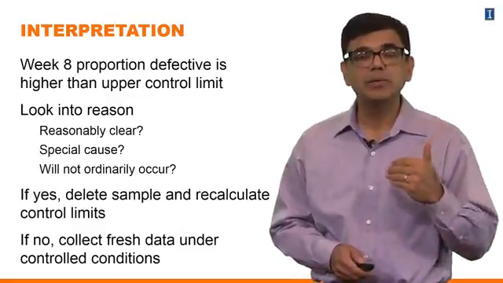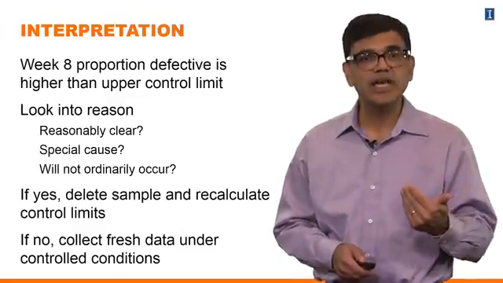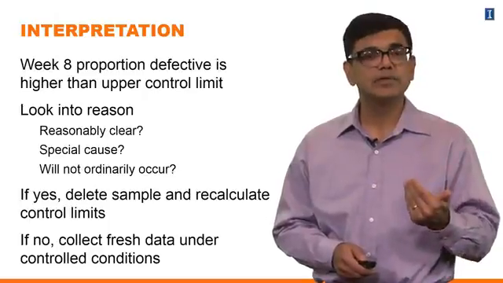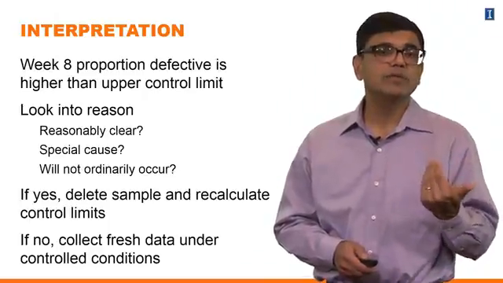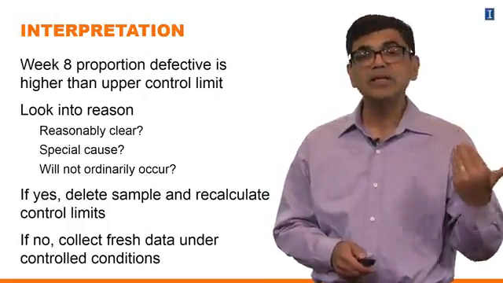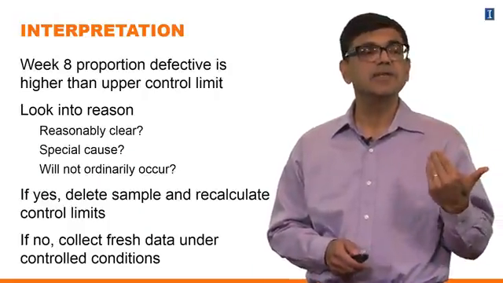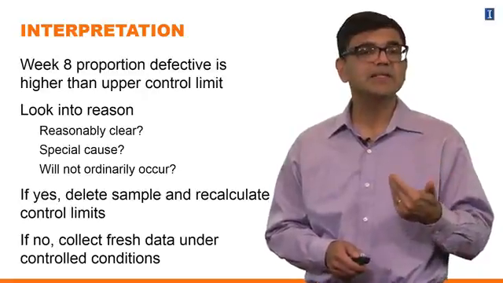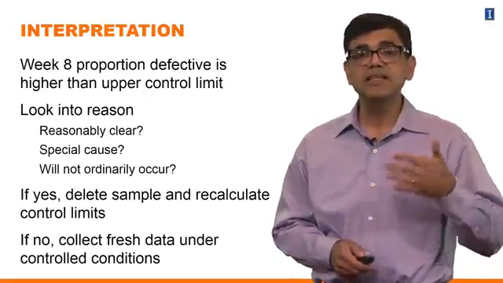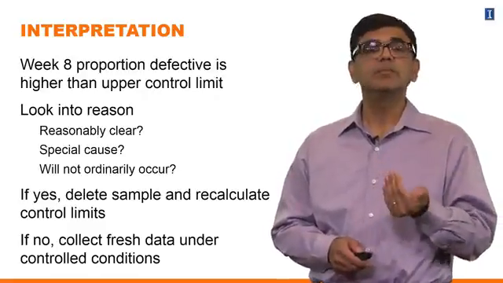You need to figure out what happened at that week 8. There was a proportion defective that was higher than the upper control limit. Can we figure out what the reason was for that? If it is reasonably clear, if it's clearly a special cause variation, something that should not be impacting the process on a day-to-day basis, then we can simply delete that sample and we can recompute the control limits.